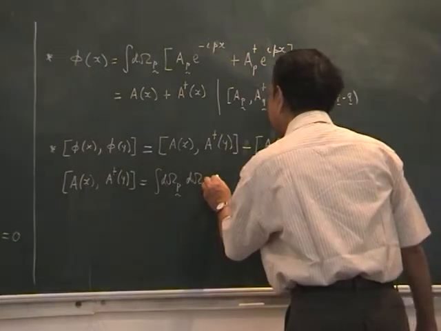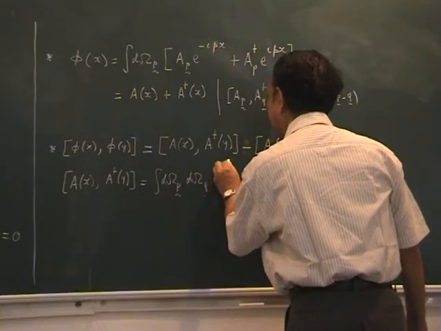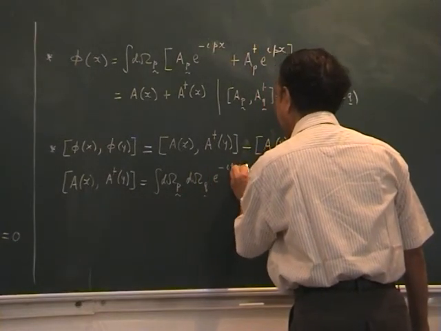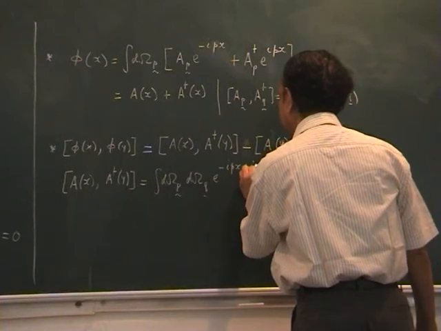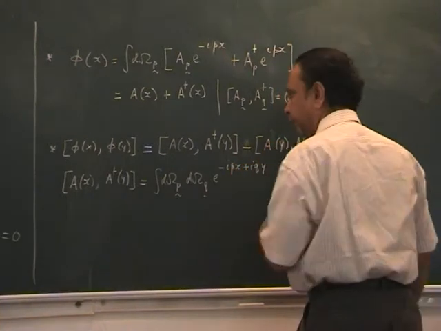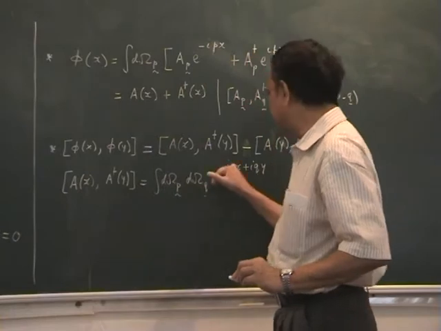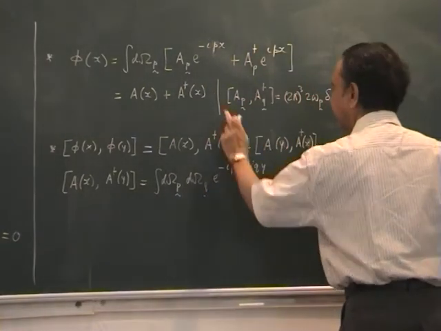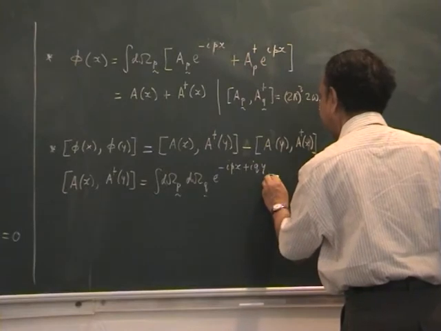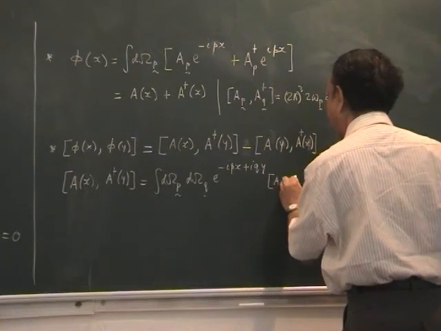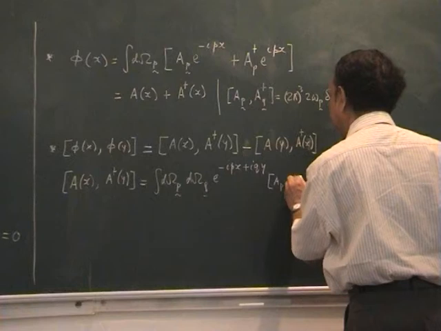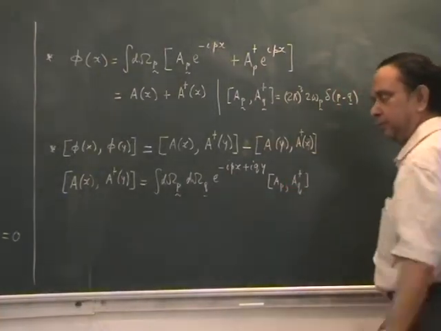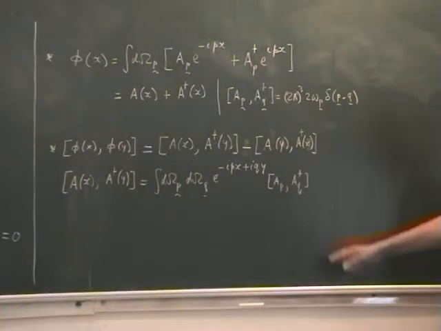Then there will be an e to the minus ipx, then you will have plus iqy, coming from the second, with A dagger flipping the sign of this. Then you have a commutator of AP, AQ dagger. Okay? And AP, AQ dagger is what we have written down here.